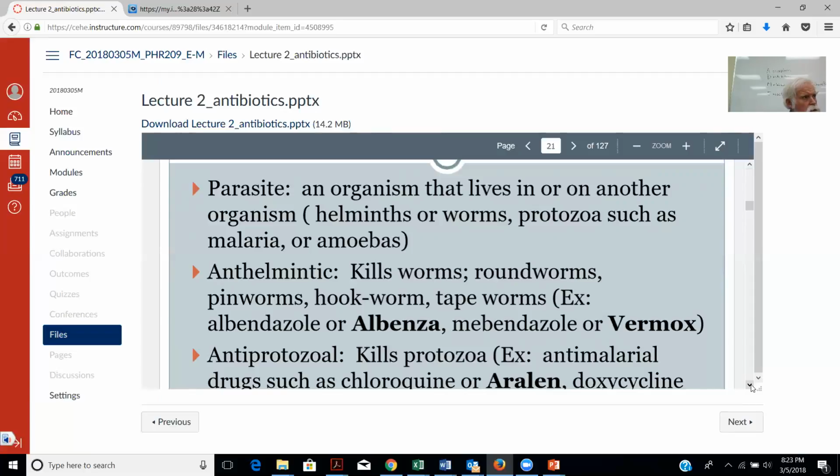Fungal diseases are difficult to treat because our drugs don't necessarily kill directly, but what they do is prevent the reproduction of the fungus.